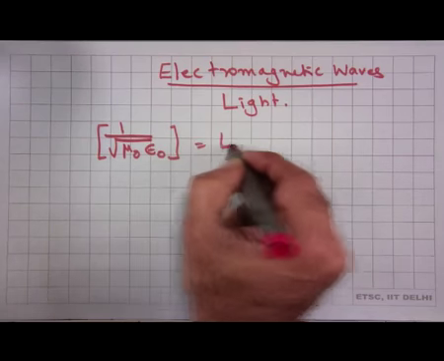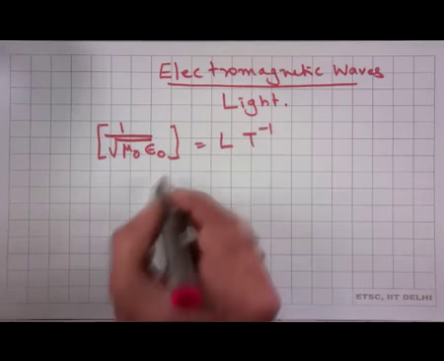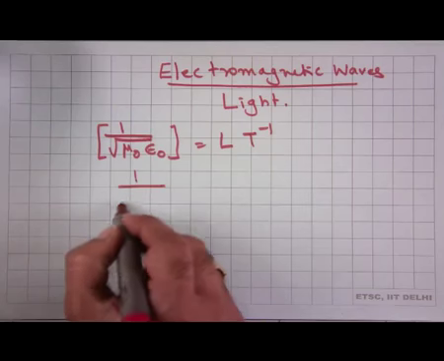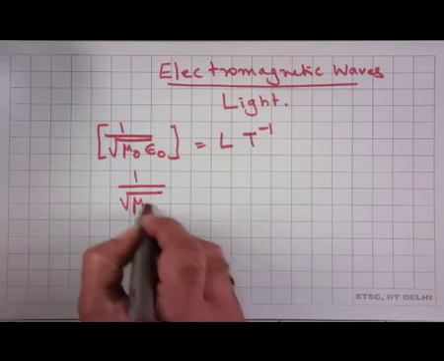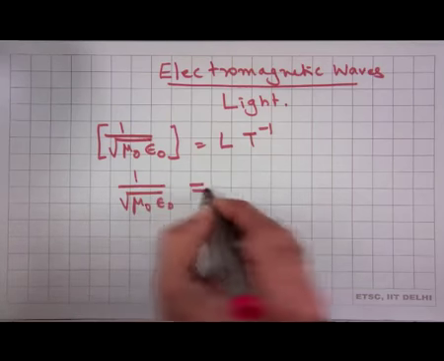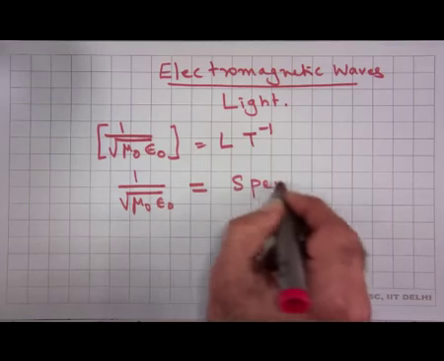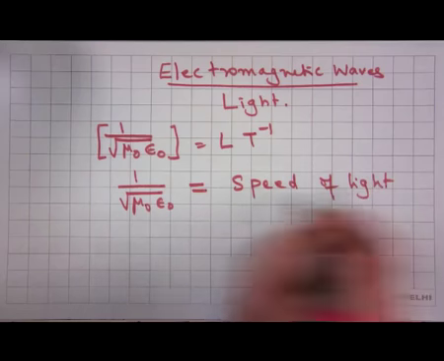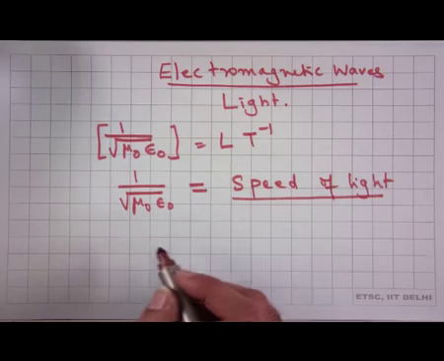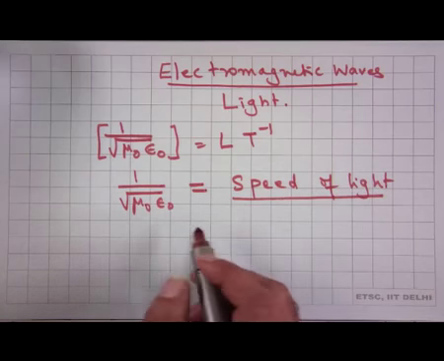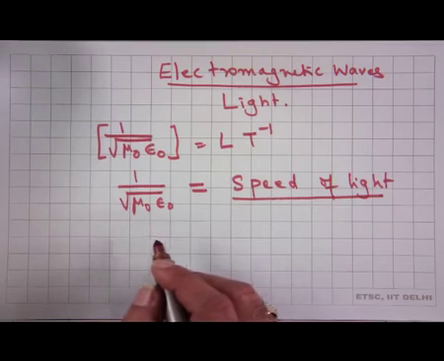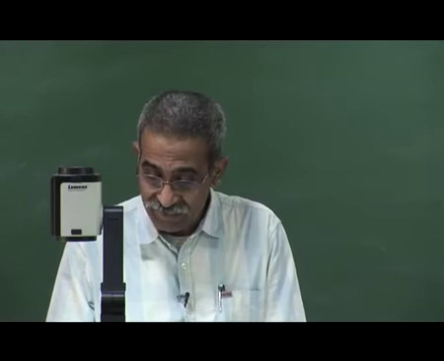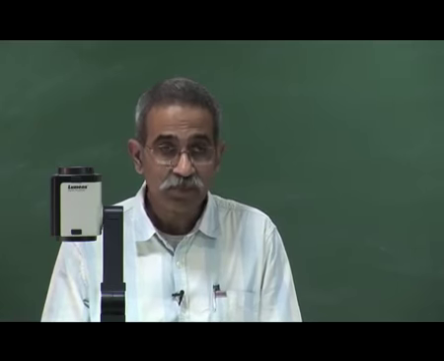This is LT inverse, and numerically 1 over root mu naught epsilon naught is nothing but the speed of light. This is a numerical observation. Based on this observation, Maxwell speculated that what we call as light is nothing but an electromagnetic phenomenon.